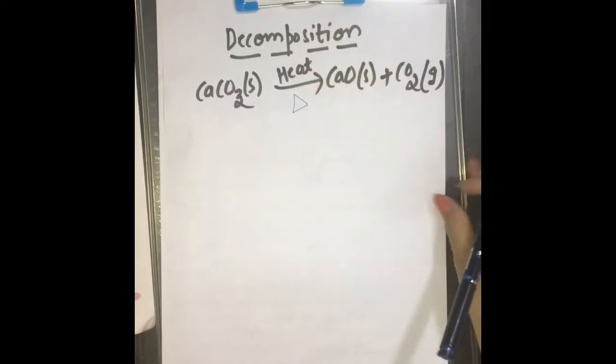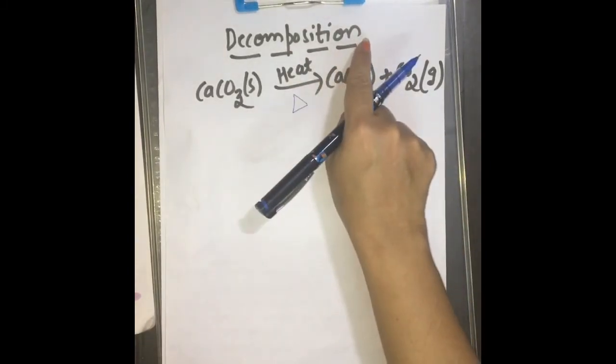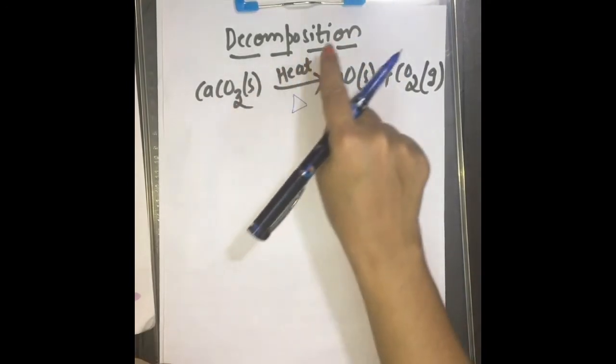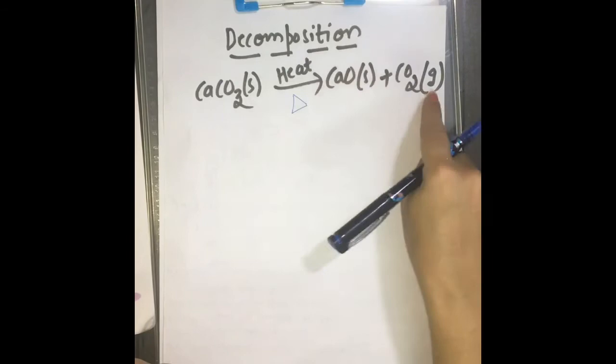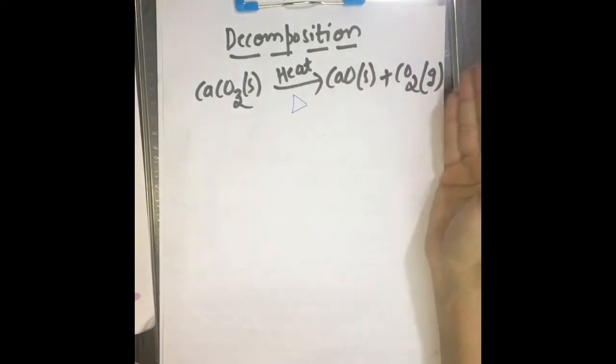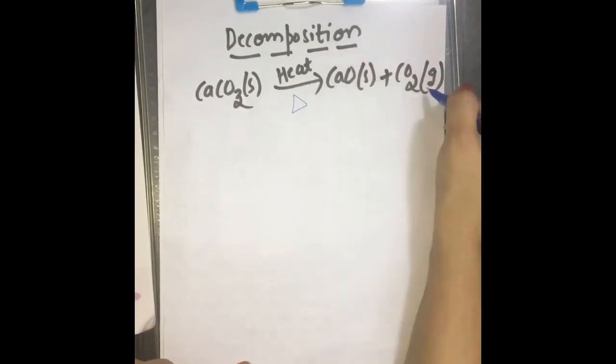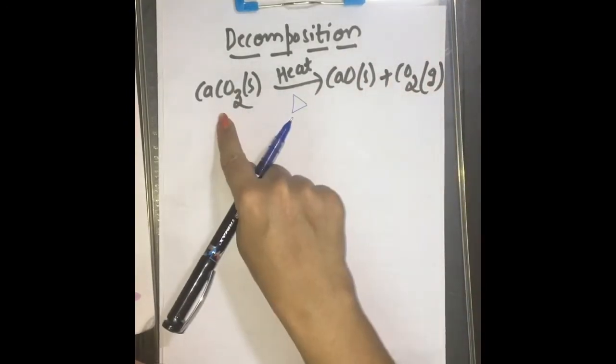So this is a decomposition reaction in which a particular substance will decompose to give you the products. If we reverse it, if we combine CaO and CO2, we'll get CaCO3.